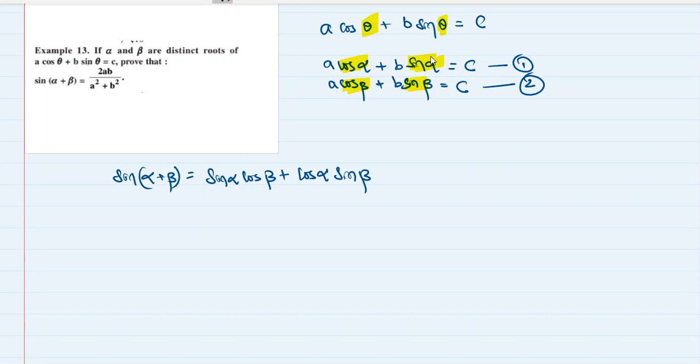Oh, that is going to be really complicated. It can be proved, though. Let me try that here, because I don't know which direct formula can be used, and I find that method a little easier. So in the place of sine alpha, I can write c minus a cos alpha by b.